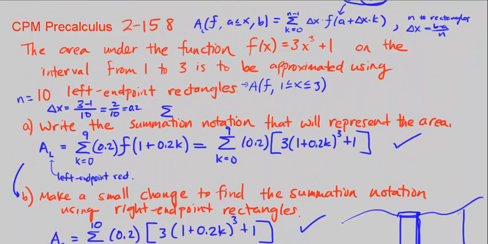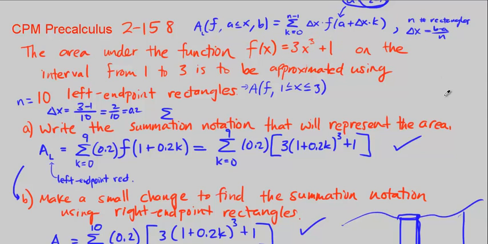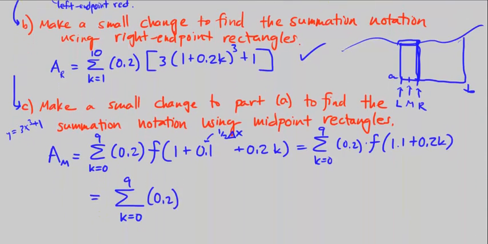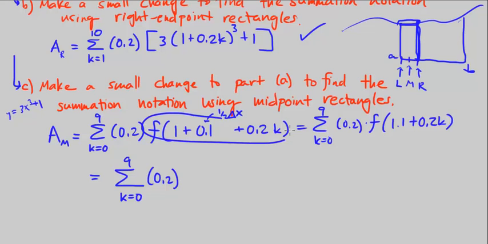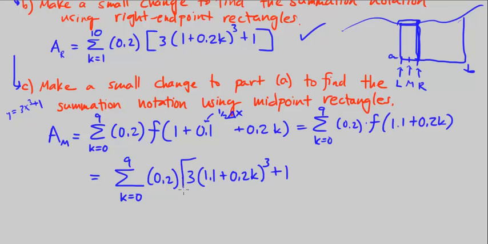That was given to us. f of x is 3x cubed plus 1. So when we plug this in, we get 3 times 1.1 plus 0.2k cubed plus 1, and we're multiplying that as our height for every rectangle.